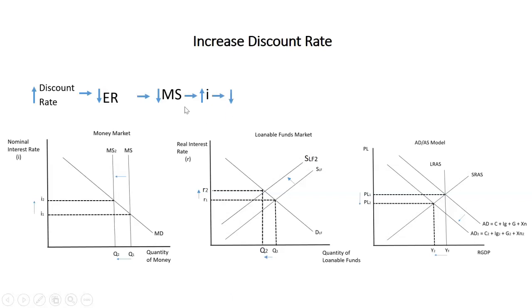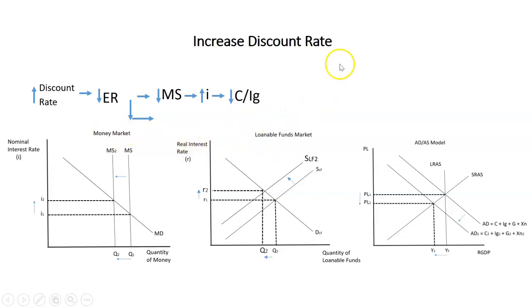When you increase the nominal interest rate, that will decrease interest-sensitive consumption. You'll also have a decrease in the gross private investment. But a decrease in the excess reserves doesn't just affect the money market graph. It also affects the loanable funds graph.